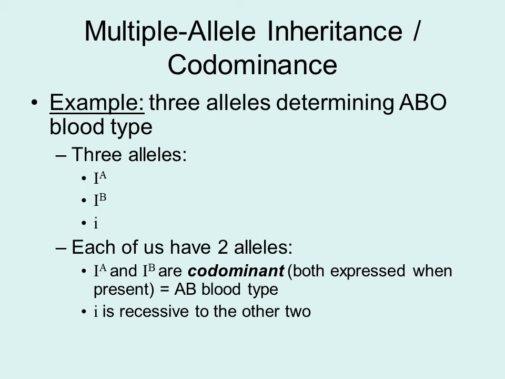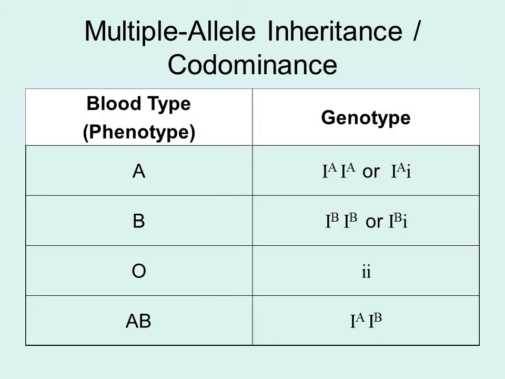If an individual ends up with a big IA and a big IB, both of those will be expressed. As I said, this is what we see with blood typing. An individual who has type A blood, once again, you can only have 2 alleles, so you're either big IA, big IA, or you could be heterozygous, big IA, little i.